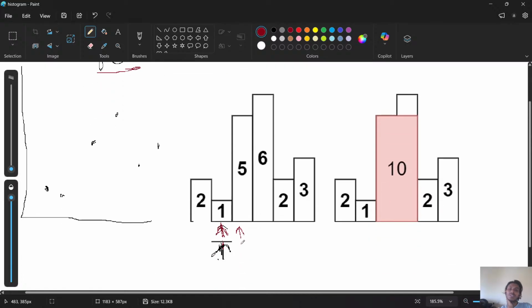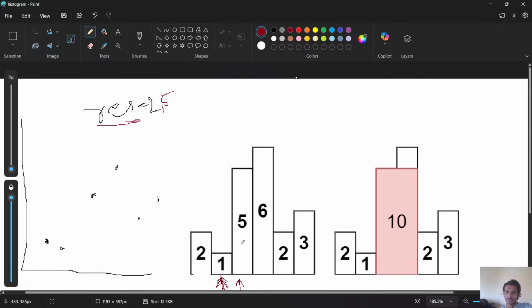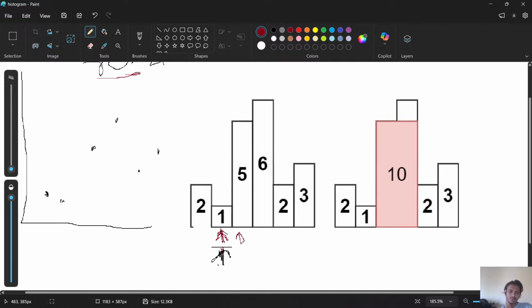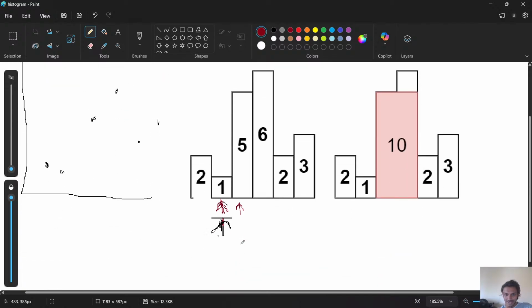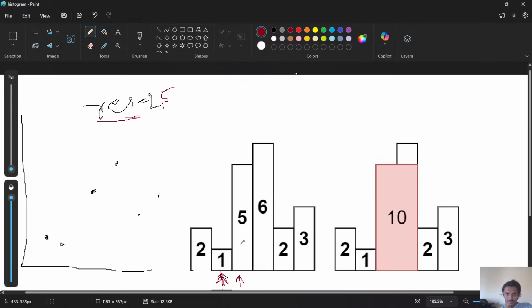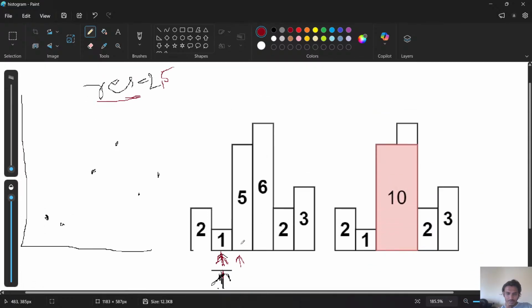So we are not using any stack. Because it is a stack problem, I think we need to do it using some sort of stack, not a two-pointer approach. So how can we use this stack?